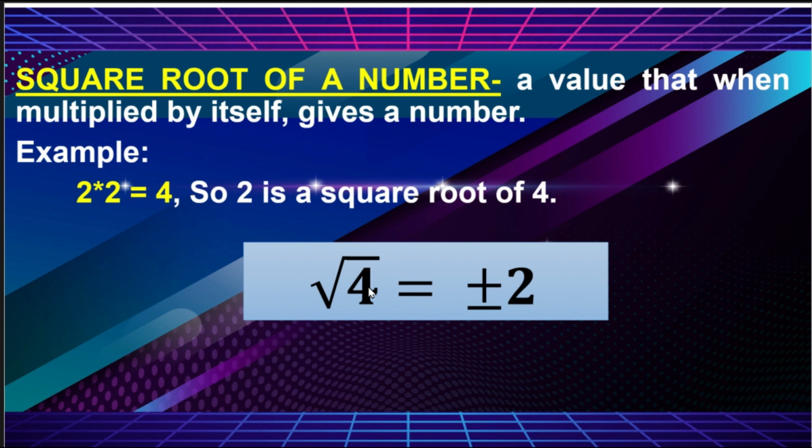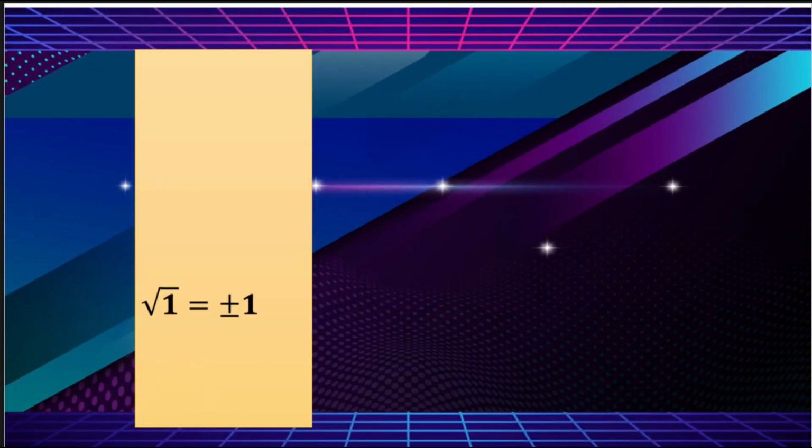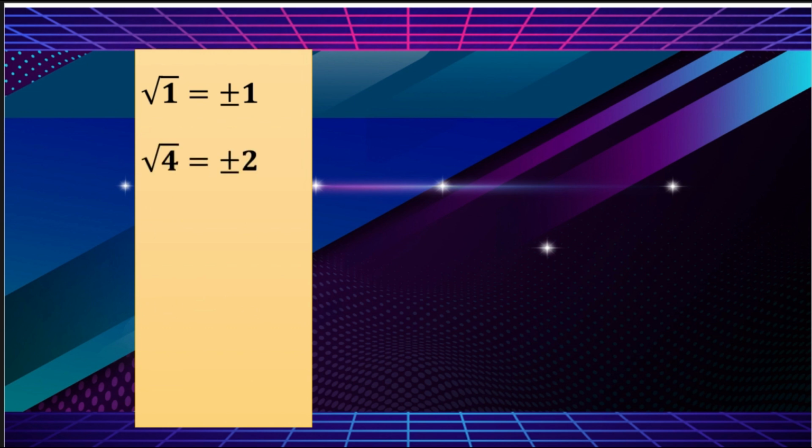Another integer, 3. 3 times 3 is 9. 9 there is a perfect square. I have here other examples of a perfect square. 1 is a perfect square, and the square root of 1 is positive and negative 1.